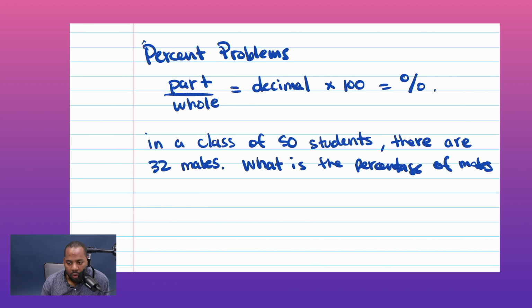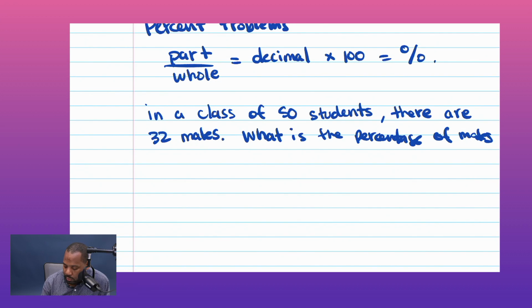So we'll do part over whole. So I have 32. That's my part. There are 32 males. And my whole class size is 50. And that's going to give me some decimal. And we're going to multiply that by 100. And so this is going to give me 0.64. And if I multiply that by 100, we get 64%.